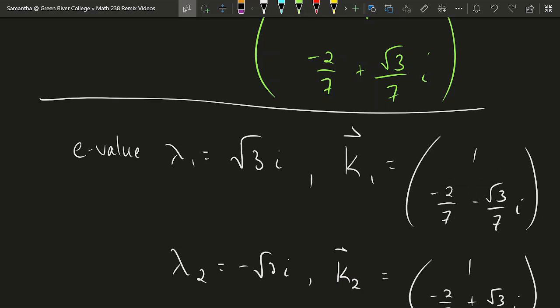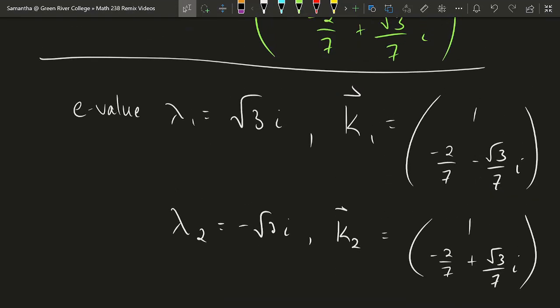So something about this strikes me as extremely interesting, because not only are the eigenvalues conjugates, the eigenvectors are actually also conjugates.